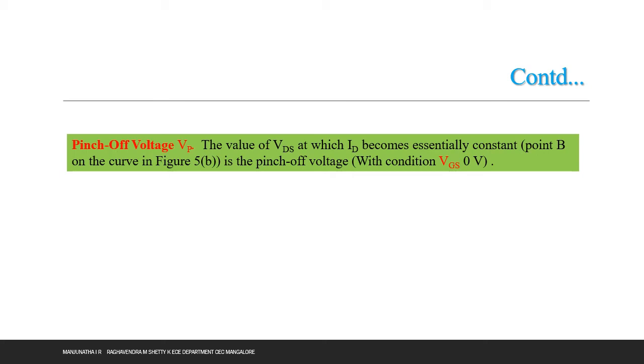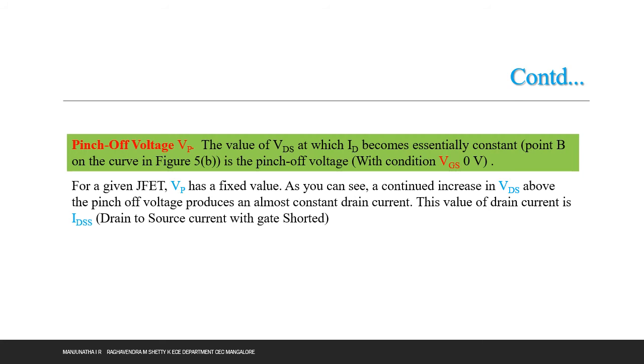Basically, pinch off voltage is VDS. For a given JFET, Vp has a fixed value. A continued increase in VDS above the pinch off voltage produces an almost constant drain current. This value of drain current is IDSS.